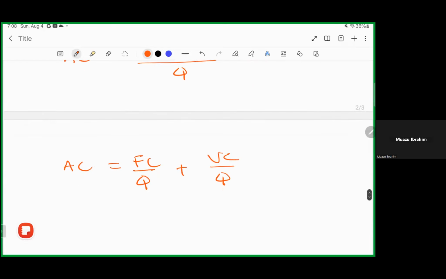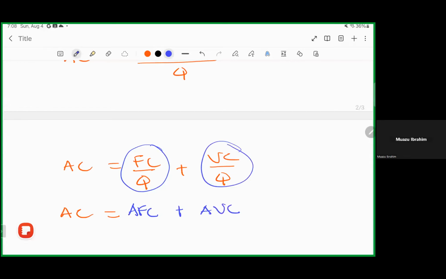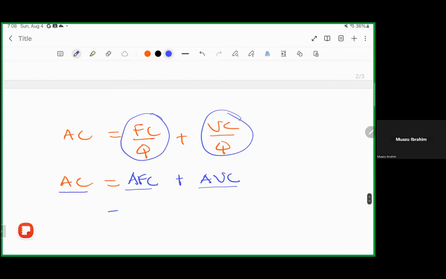So this gives you the average fixed cost, plus this gives you the average variable cost. Which means that average cost is the same thing as average fixed cost plus average variable cost, which you know is also the same thing as our total cost all over output.